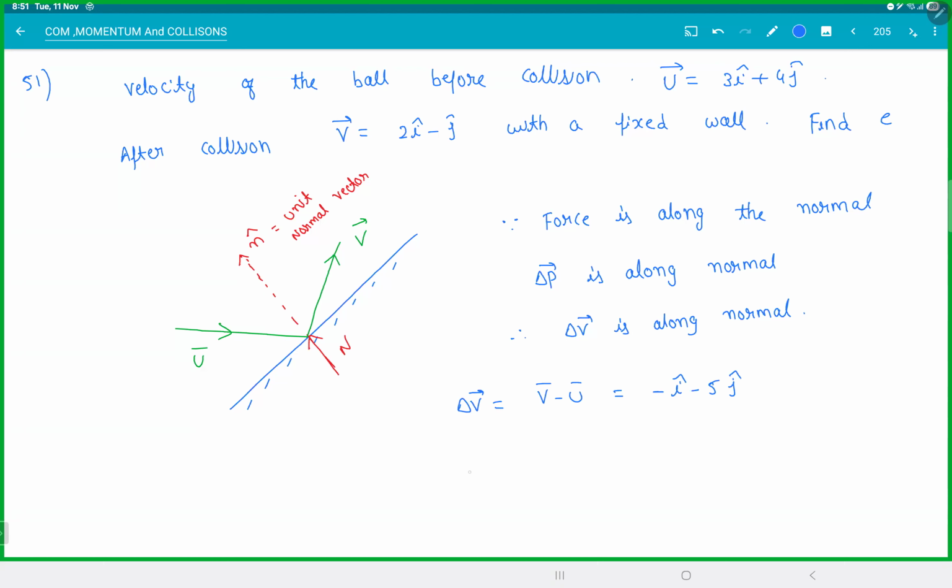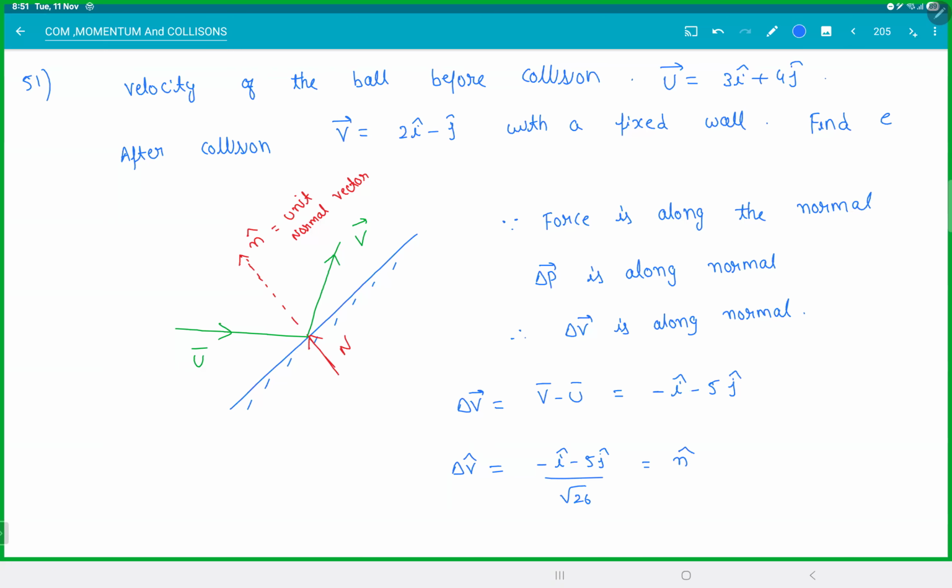So delta v cap will be (minus i cap minus 5j cap) by root 26. This is also the direction of the normal vector, because delta v cap is along the normal, so the unit vectors must be the same. Clear with this? Everyone understood how we got the normal vector?